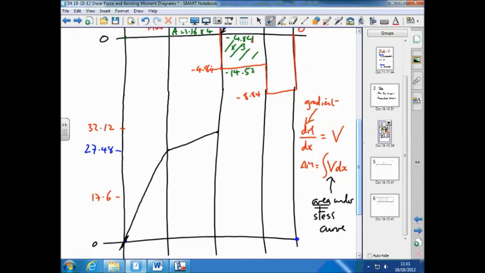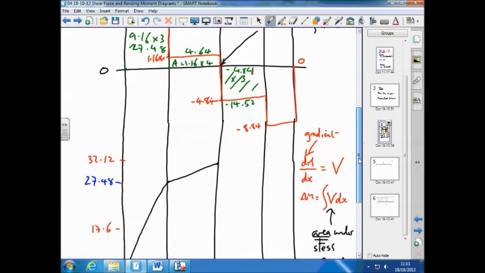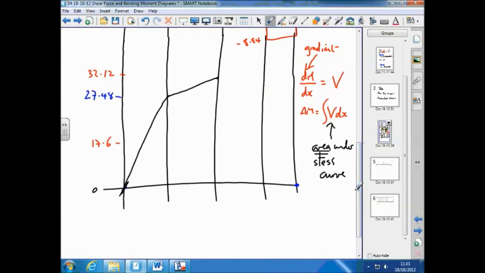So my bending moment reduces. Again, look at the gradient. The gradient is the shear, which is now negative, so it should be coming down at the rate of 4.84 for 3 meters, which takes me to this point. So that point is 17.6.